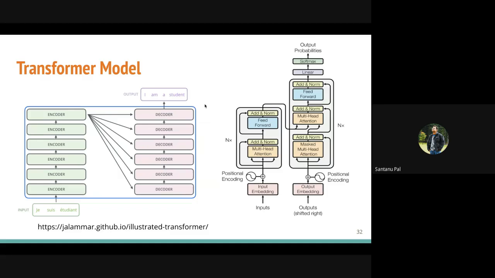Now the architecture. This is the very well-known architecture, from the original paper by Vaswani 2017, and nowadays it is a very popular and high-performing model. It is applied in so many applications, not only in machine translation.